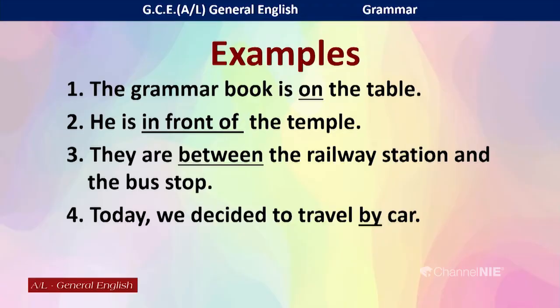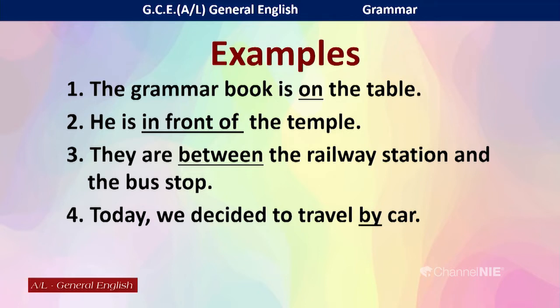The grammar book is on the table. He is in front of the temple. They are between the railway station and the bus stop. Today, we decided to travel by car. The grammar book is on the table. He is in front of the temple.